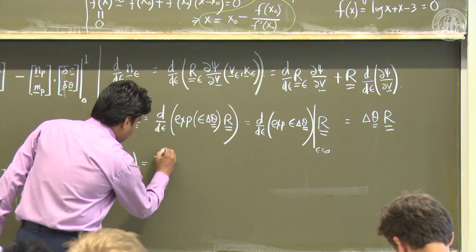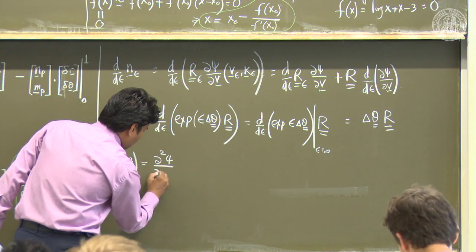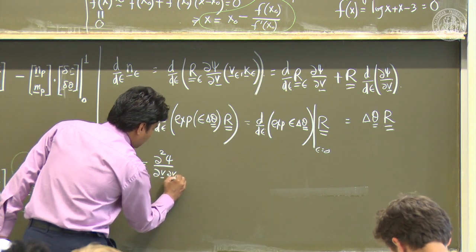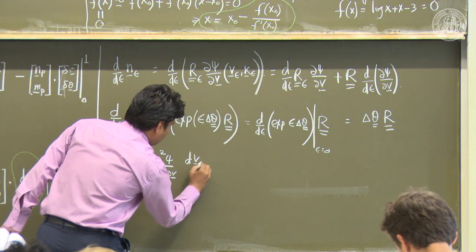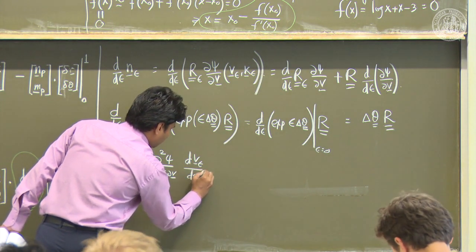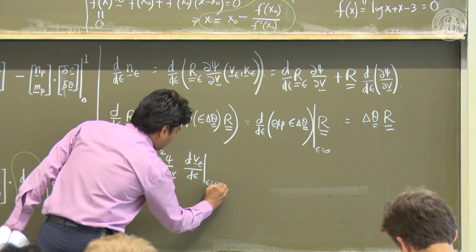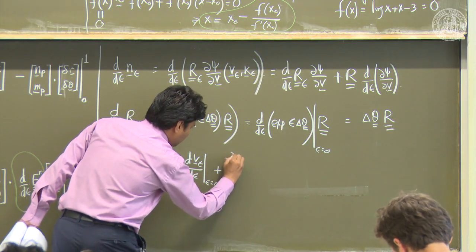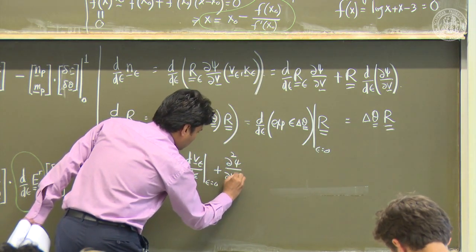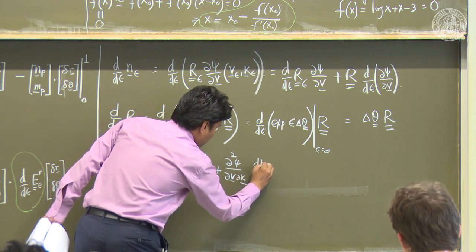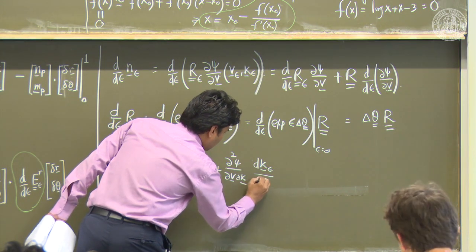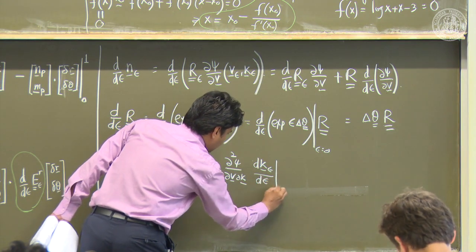So, it becomes del 2 psi over del v 2 into dv epsilon by d epsilon at epsilon equal to 0 plus del 2 psi over del v del k into dk epsilon by d epsilon at epsilon equal to 0.